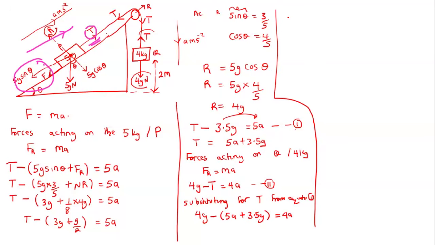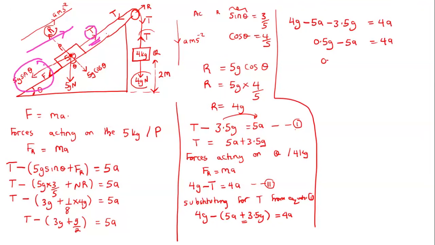So you open your brackets, we shall have 4g minus 5a. Now this negative also affects here, so we shall say minus 3.5g is equal to 4a. So we collect like terms. 4g minus 3.5g, we shall end up with 0.5g, then minus 5a is equal to 4a.